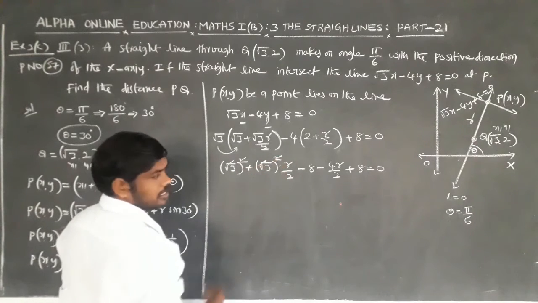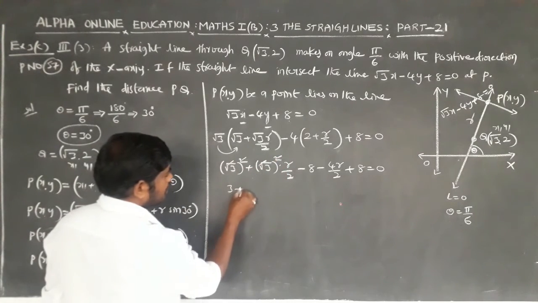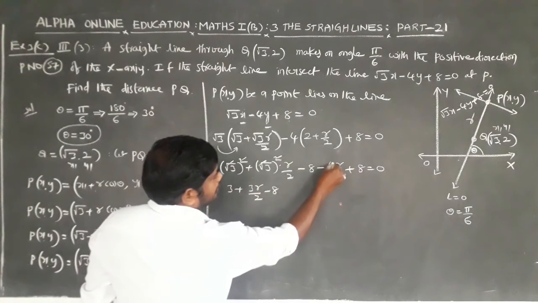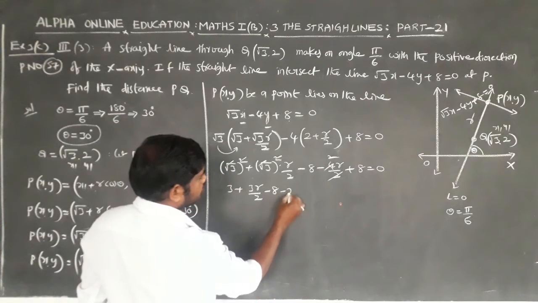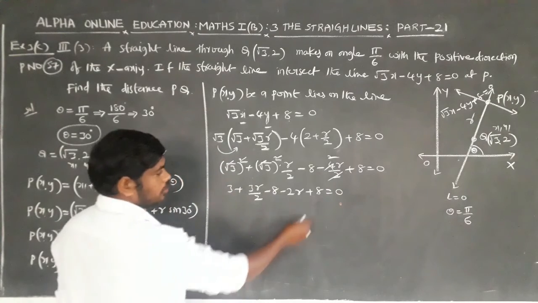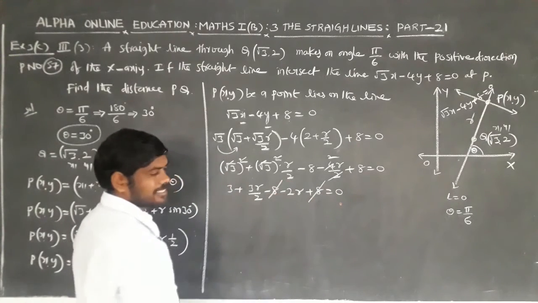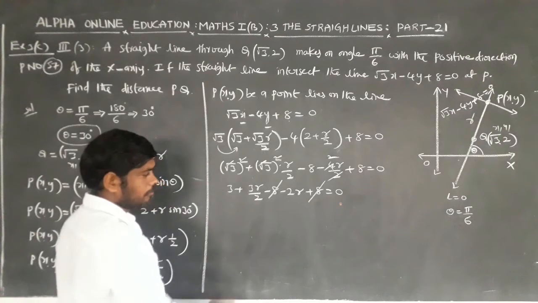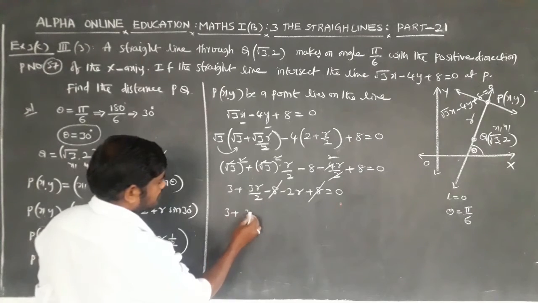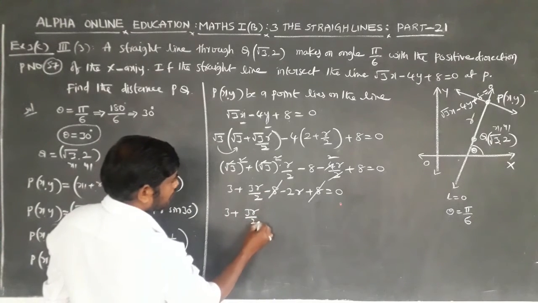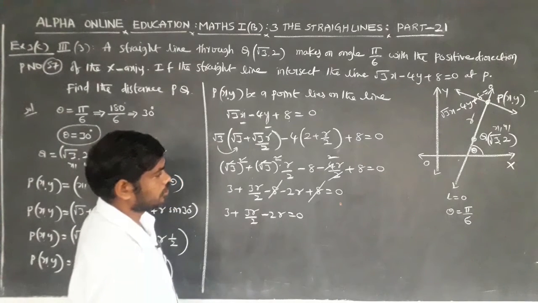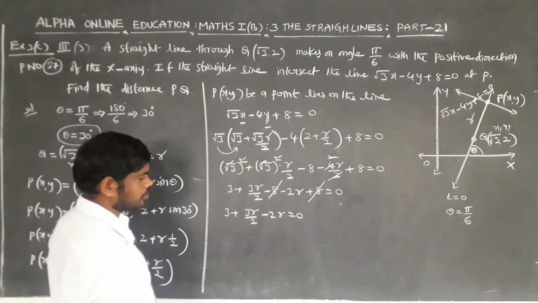Square root cancels. 3 plus 3R by 2 minus 8, 2 ones are 2, 2 twos are minus 2R, plus 8 is equal to 0. Plus 8 and minus 8 get cancelled. 3 plus 3R by 2 minus 2R is equal to 0.